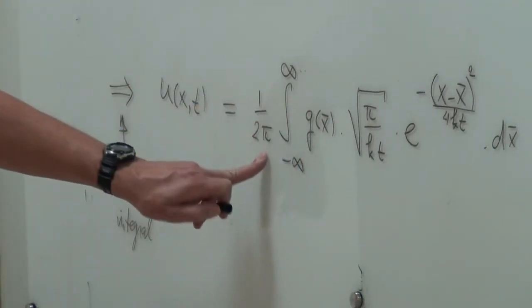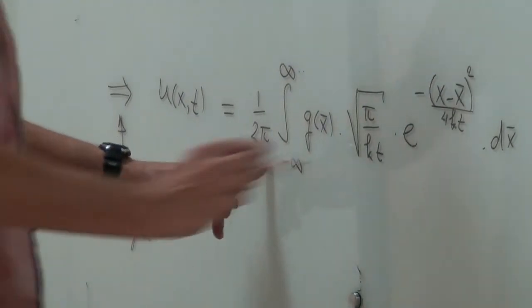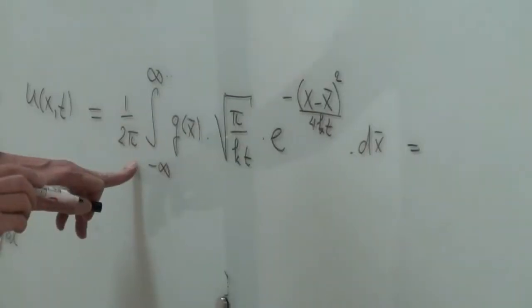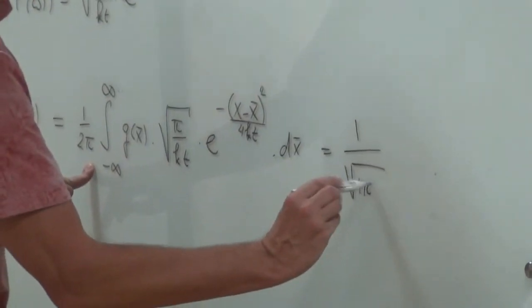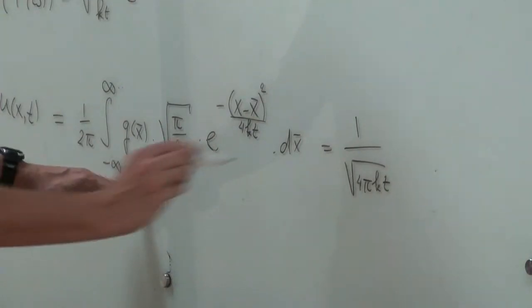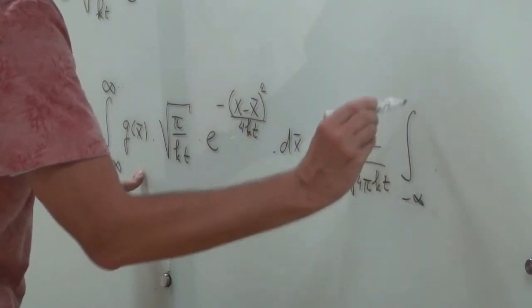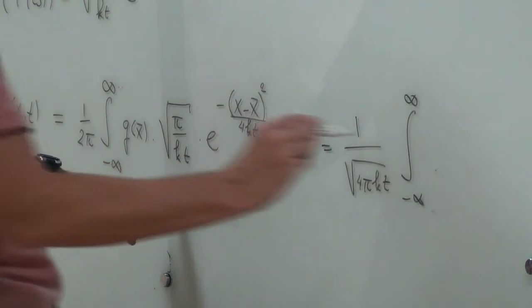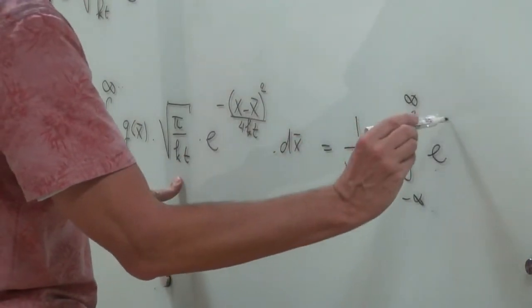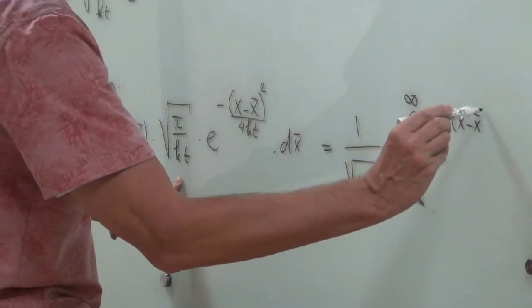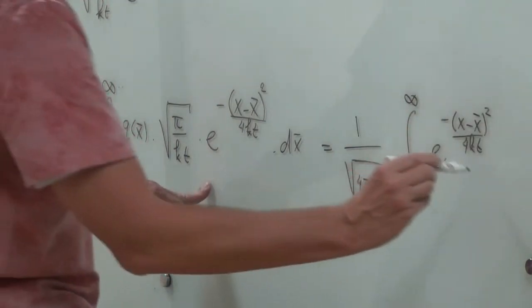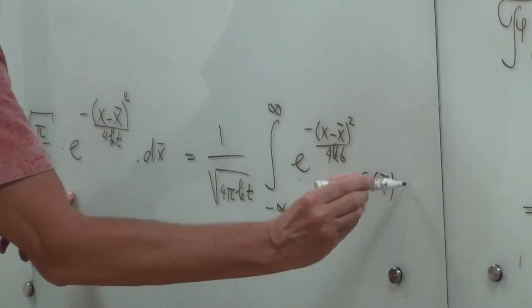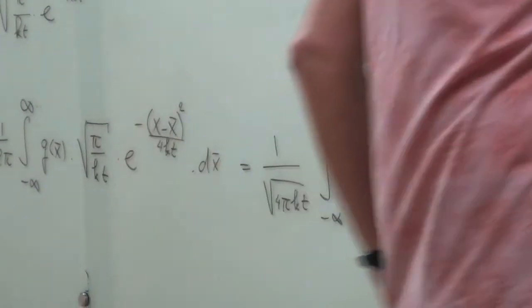Making it a little nicer, I can write that as 1 over the square root of 4 pi kt, integral from minus infinity to plus infinity, e to the power minus (x minus x bar) squared over 4kt times g(x bar) dx bar, and I can still rewrite it in another form.